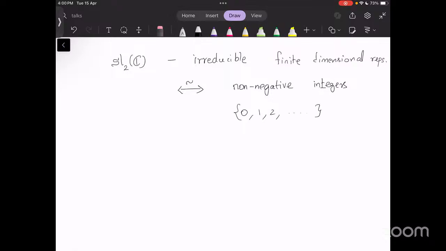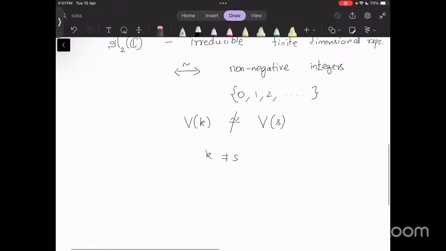Given a non-negative integer, I have an irreducible representation, and if S and K are two different non-negative integers, then Vk is not isomorphic to Vs. This gives you an exhaustive list of all irreducible finite dimensional representations.